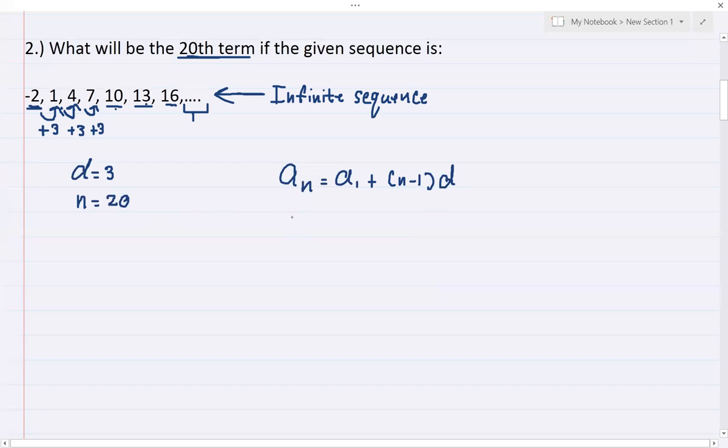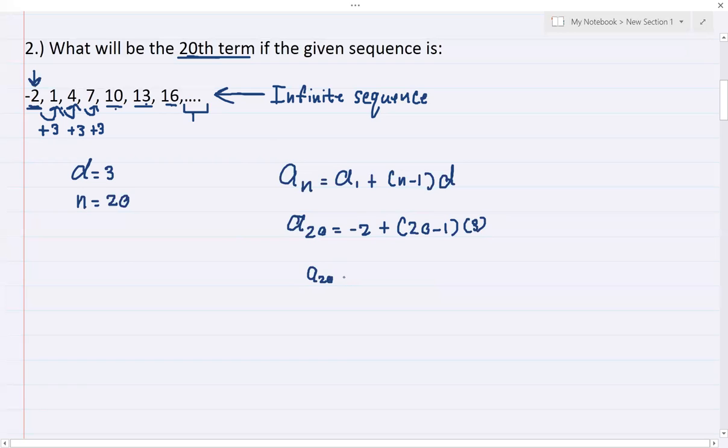So we will have a sub 20 is equal to a sub 1, which is your first term, negative 2, plus quantity 20 minus 1 times your common difference, which is 3.